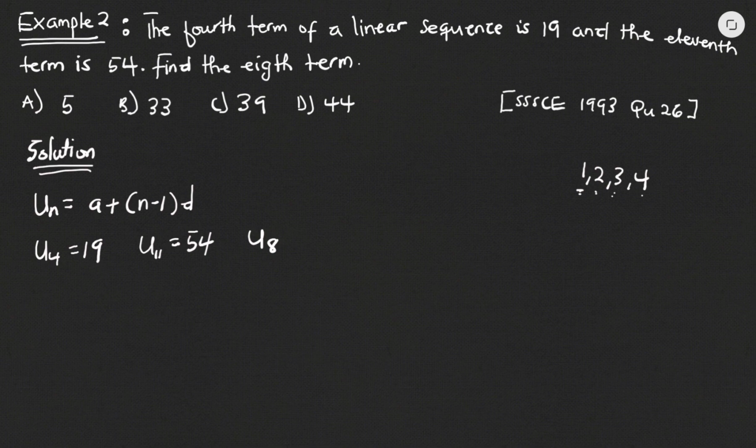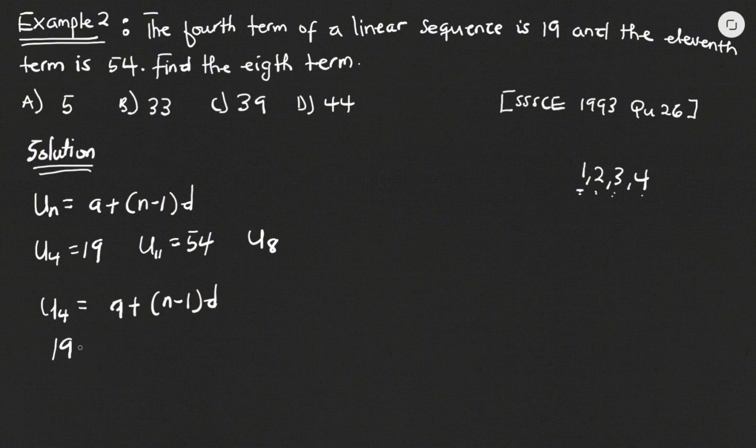So let's do that. For U4, n is the number of the term, so n is equal to 4. That will become a plus n minus 1 times d. U4 from the question is 19.